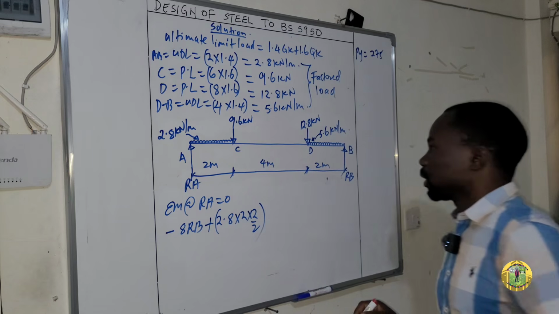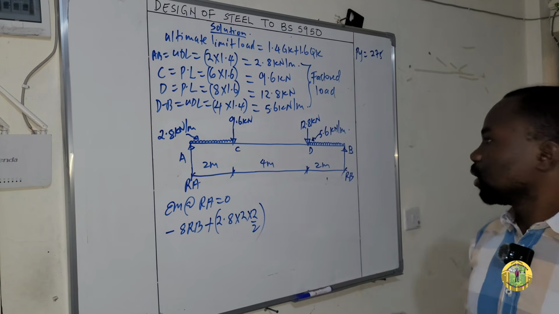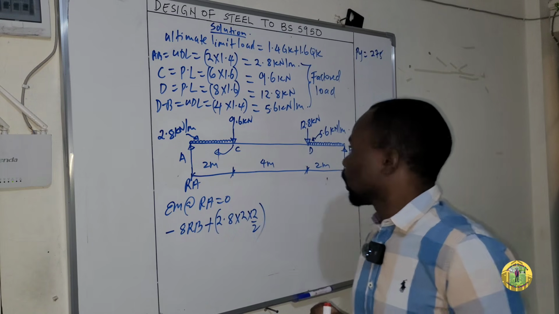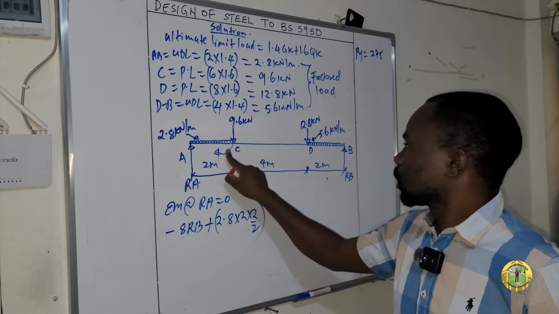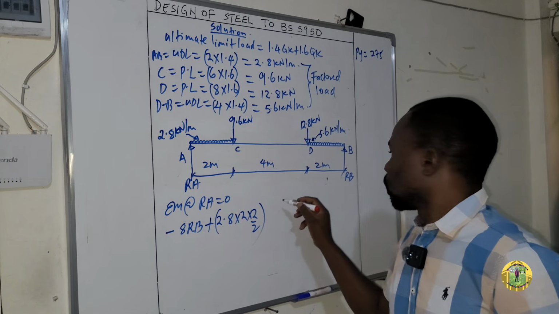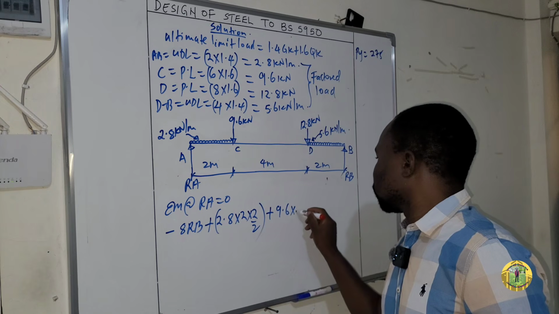We come to this 9.6. In which direction is this point load moving in reference to point A? This is clockwise, so plus 9.6 times 2.